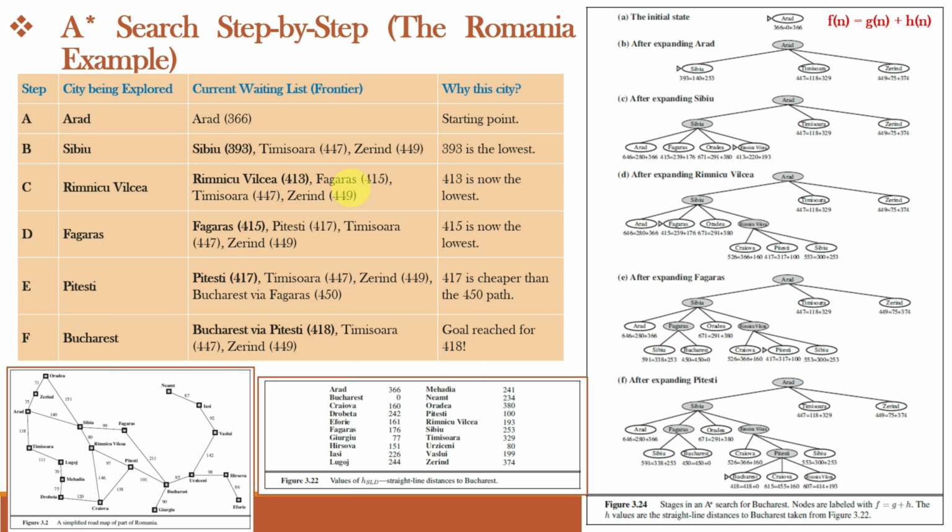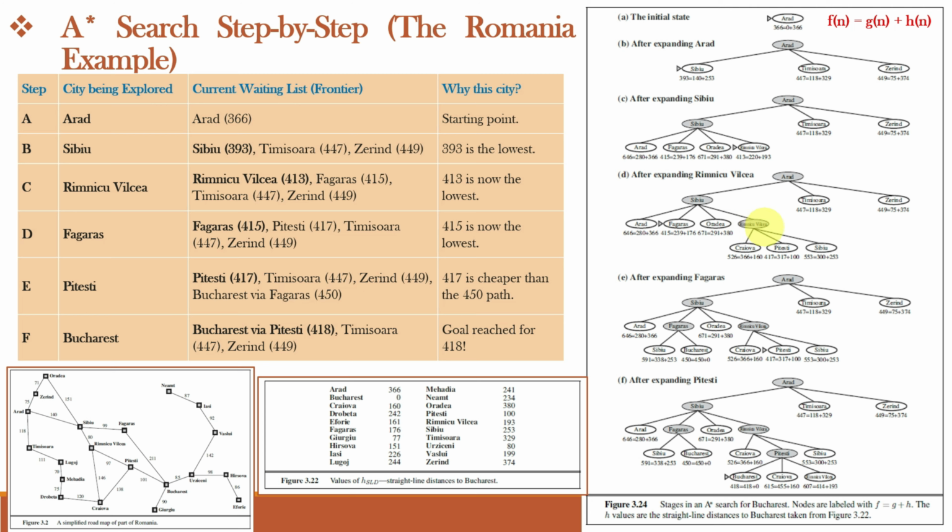So we add Făgăraș to the waiting list so that if needed we can explore it later. Now we see, is 413 kilometers cheaper than the 447 and 449 kilometers we left behind? Yes. So we keep going ahead with Râmnicu Vâlcea.